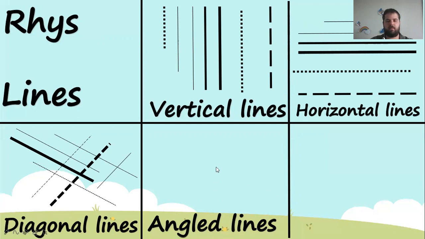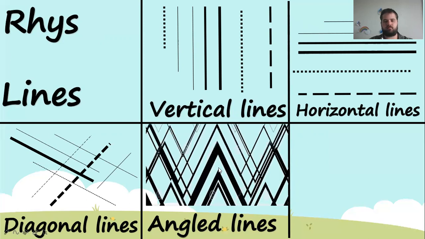Let's draw them. So these are our angled lines, almost like lots of triangles, up, down, up, down. You see the sharp point, so they're angled. You may pause the video. We're going to go on to our last one.